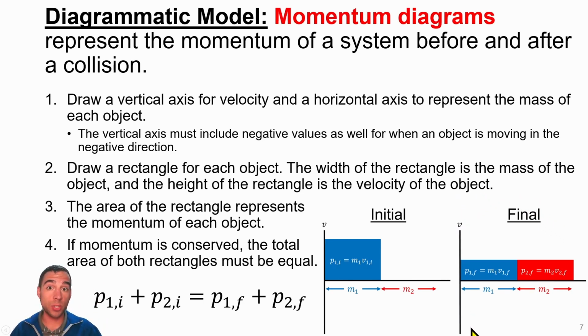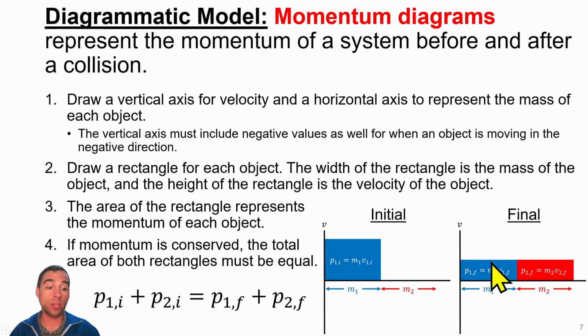So in the final situation, when they do end up sticking together, we would find through momentum conservation that they would both have the same velocity after the collision. That's why both these rectangles have the same height. And they also still both have the same mass. And now we can think about the area of both of these rectangles added together. The total area in the final situation has to equal the total area in the initial situation.